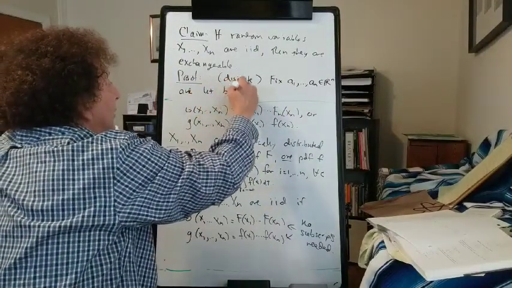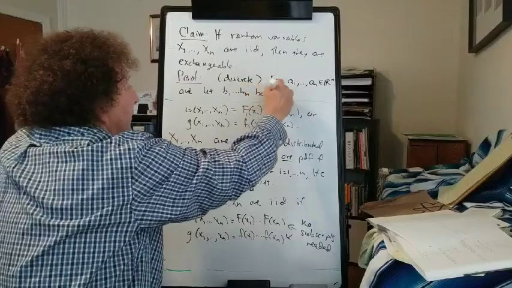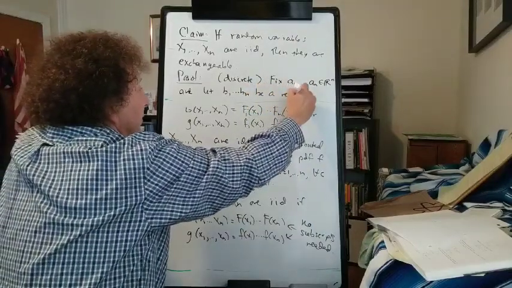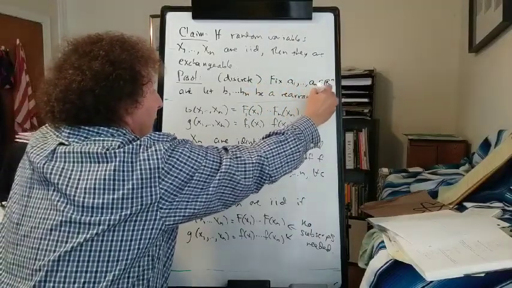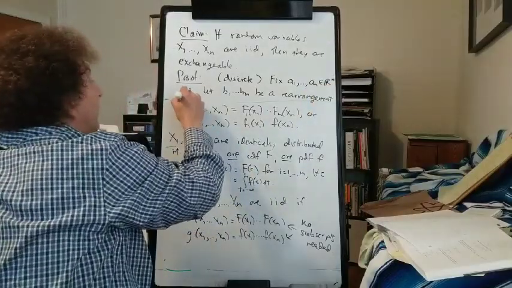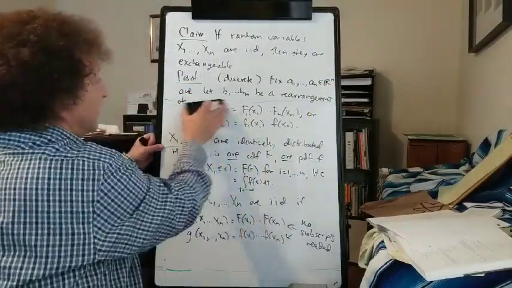And let's let b1 through bn be a rearrangement of a1 through an.